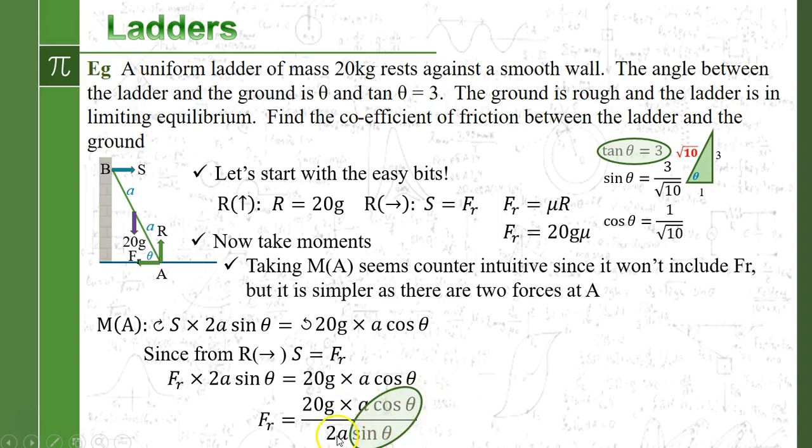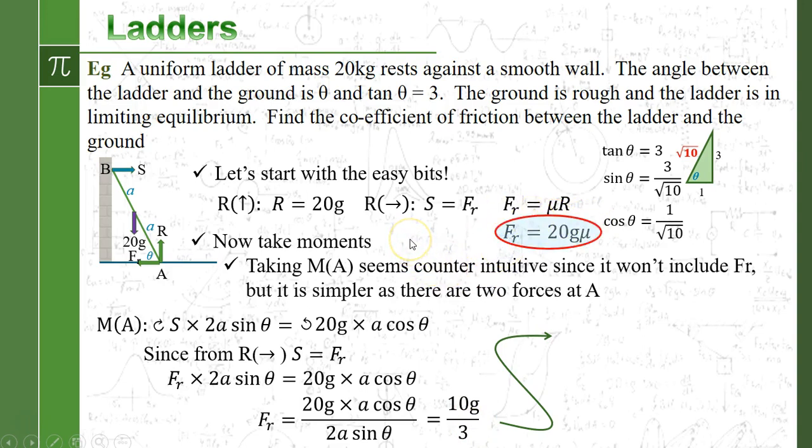We've got some a's cancelling out, 20 divided by 2 is 10, so the whole thing becomes 10g over 3. You can see we've circled the 3 there, that's our 1 over 3, which is the cos over sine. Right, that's that bit sorted. So now we know that friction is 10g over 3, and we've got an equation up here.